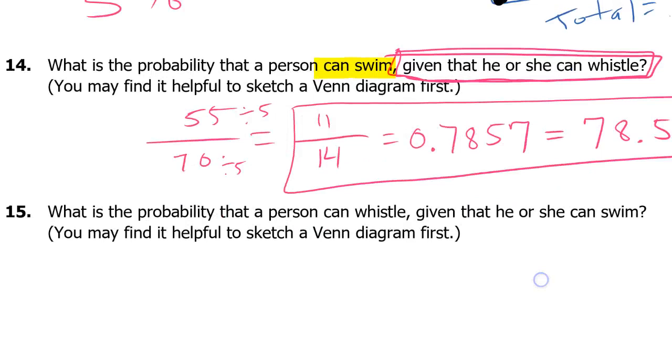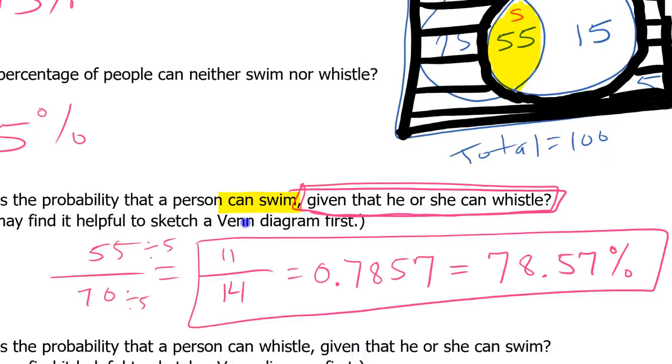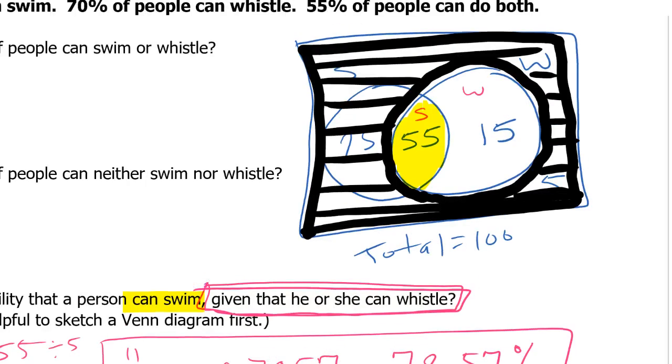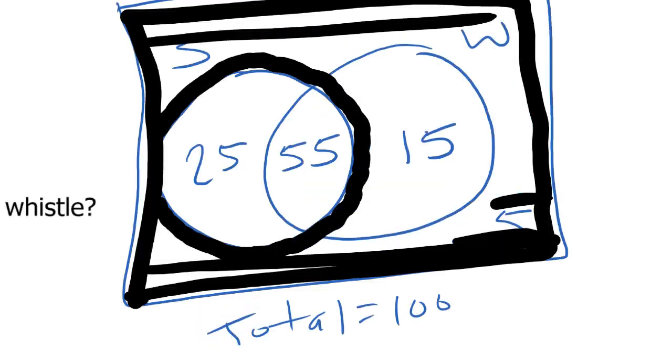Now what is the probability that a person can whistle given that he or she can swim? Give me a second to modify my Venn diagram. This time we are given that the person can swim.